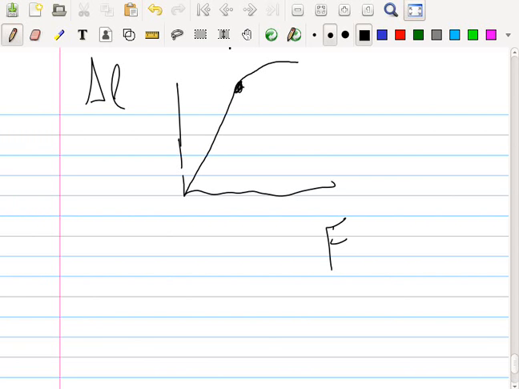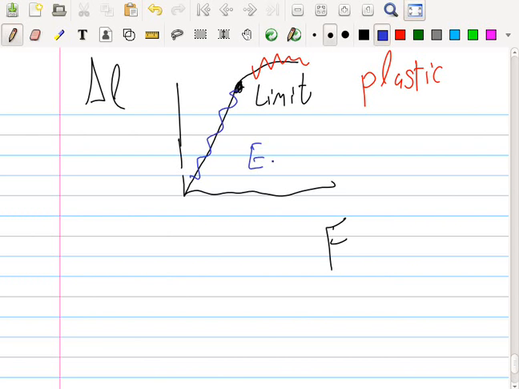This is the limit, or the elastic limit. Now, the name of this piece after the limit, does anyone remember what it's called? It's called the plastic region. And before it loses its stretchiness, what's this part called? It's called the elastic region.